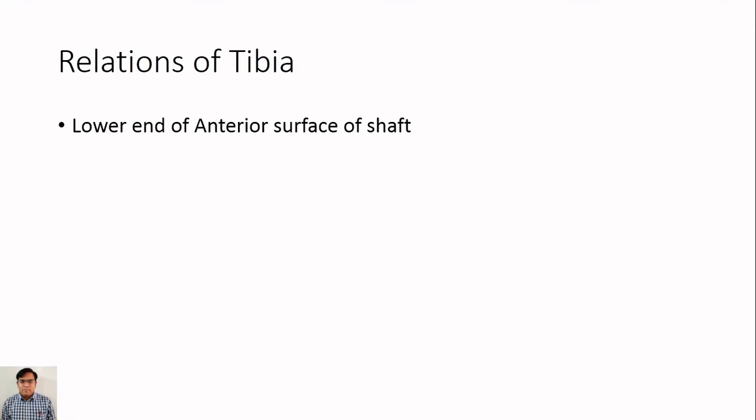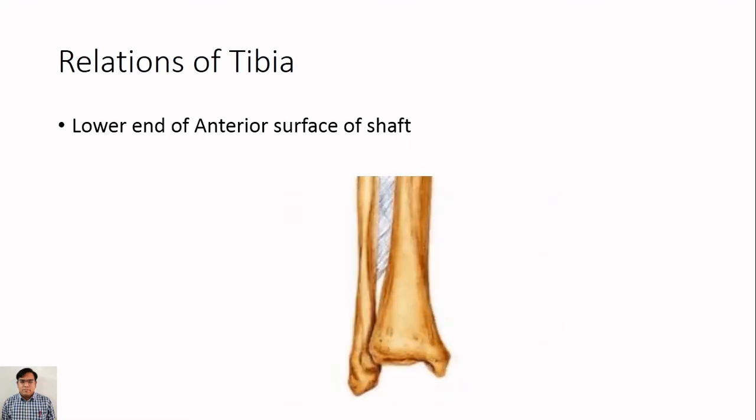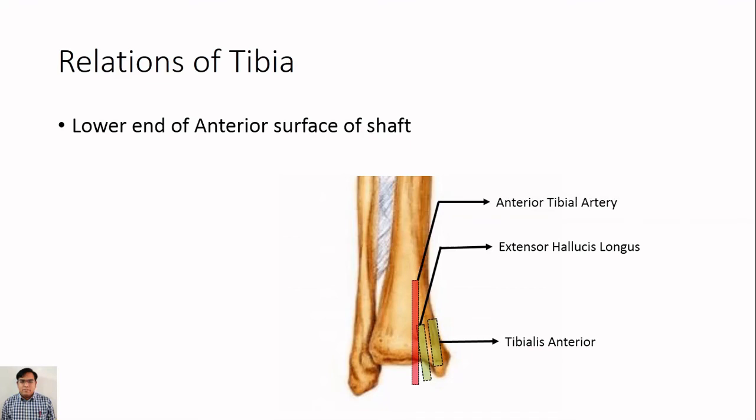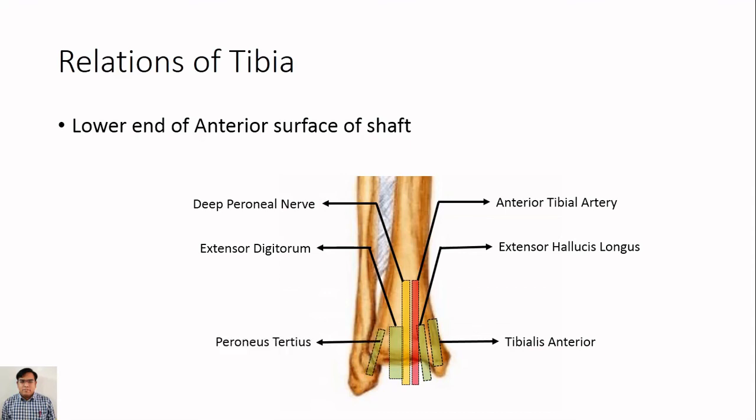The lower end of the anterior surface of the shaft is related, from medial to lateral side, to the tendon of tibialis anterior, then extensor hallucis longus, then one artery known as the anterior tibial artery, one nerve known as the deep peroneal nerve, then again one muscle, extensor digitorum, and lastly the peroneus tertius.